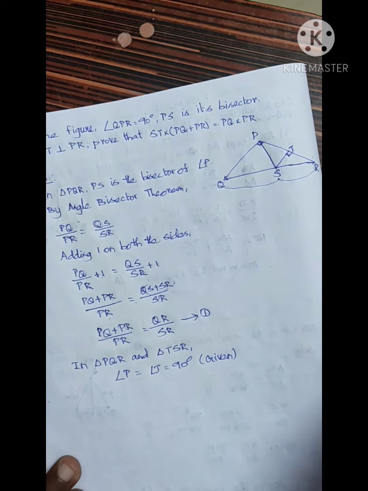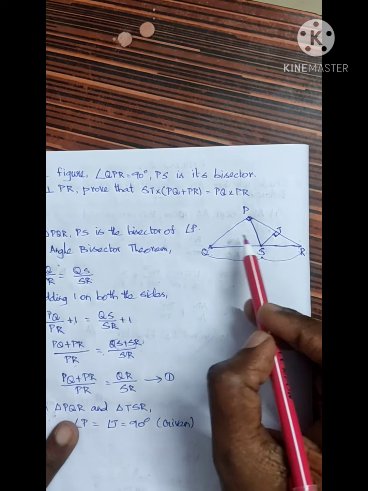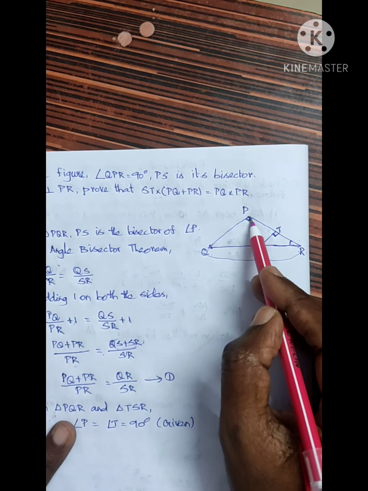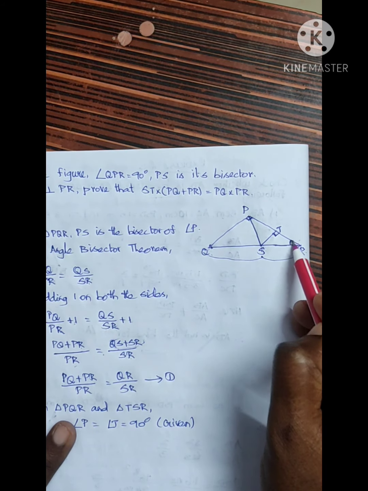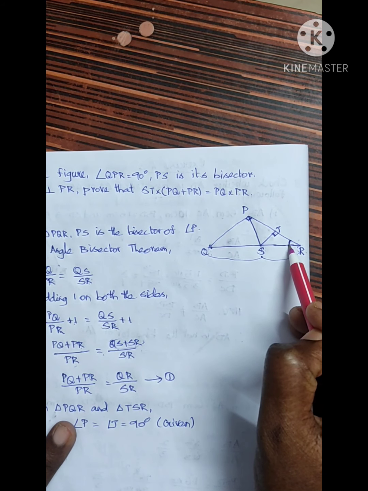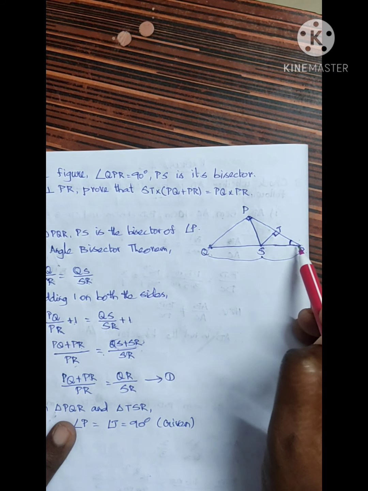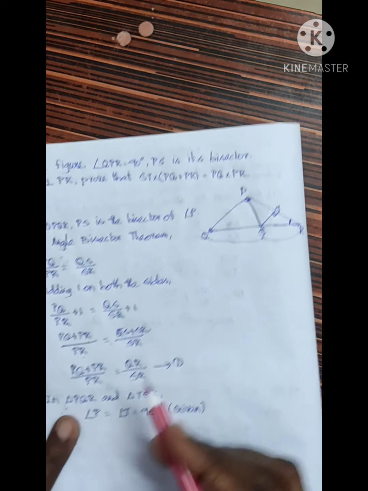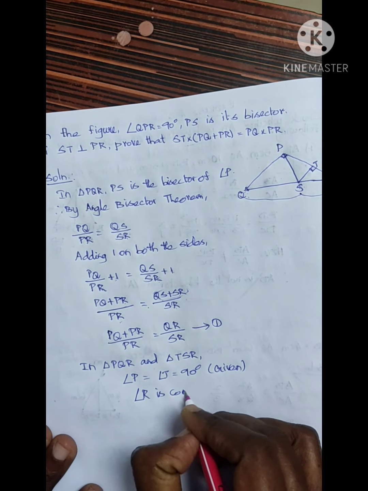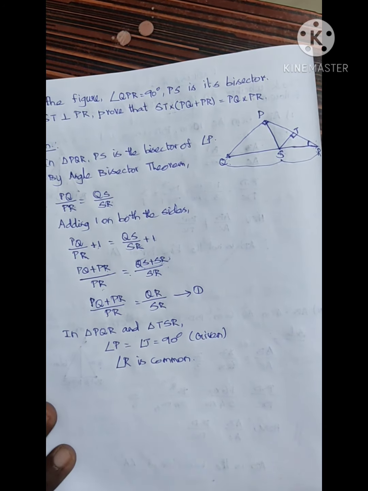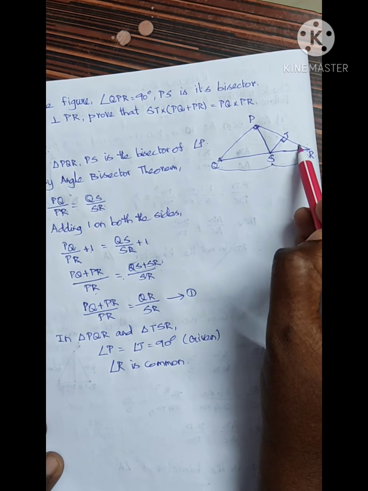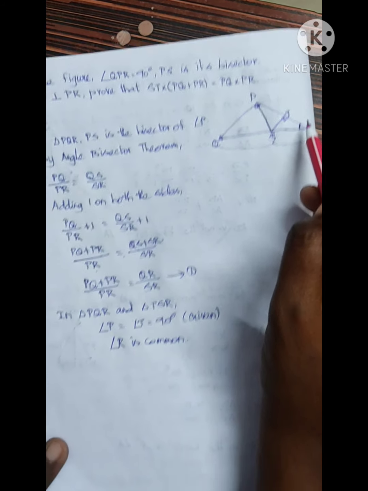It is given. Next, see here, children. In both the triangles, we have this angle R. In triangle PQR, we have this angle, and in triangle TSR also we have this angle. So, angle R is common to both the triangles. So, here these two angles are equal and this angle is common to both the triangles.